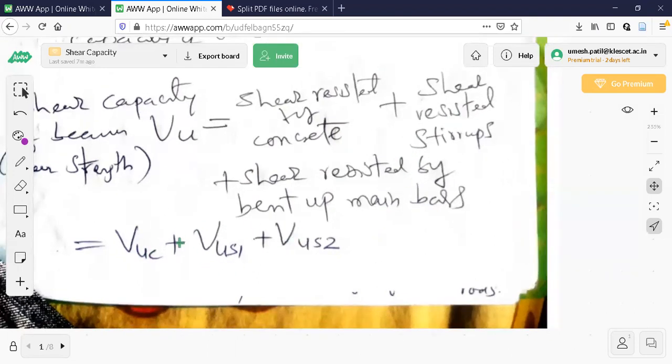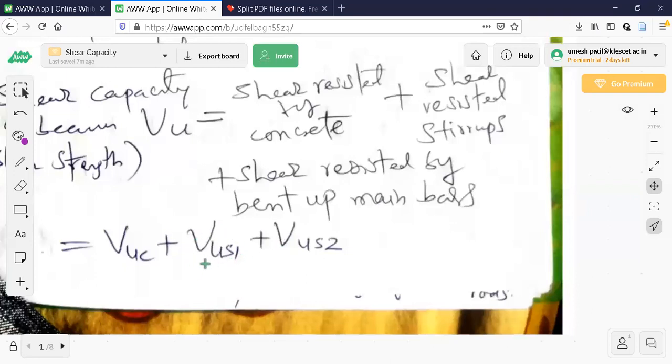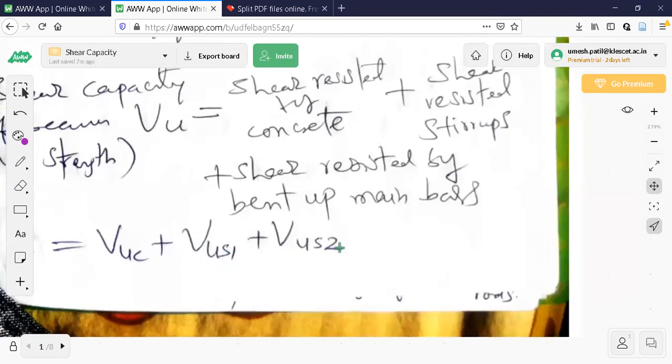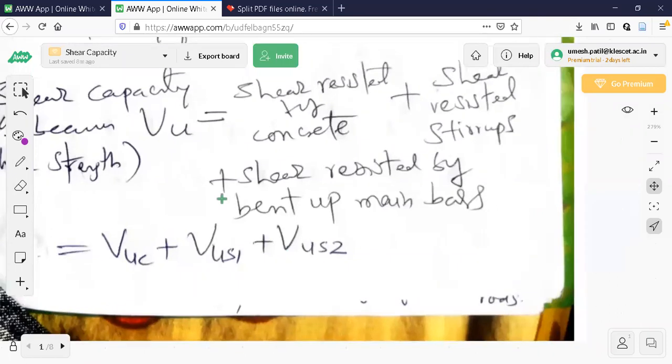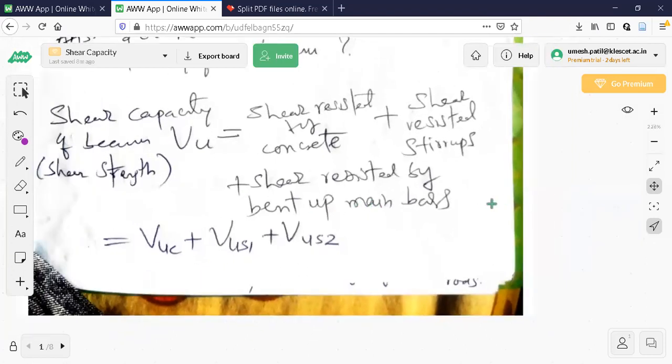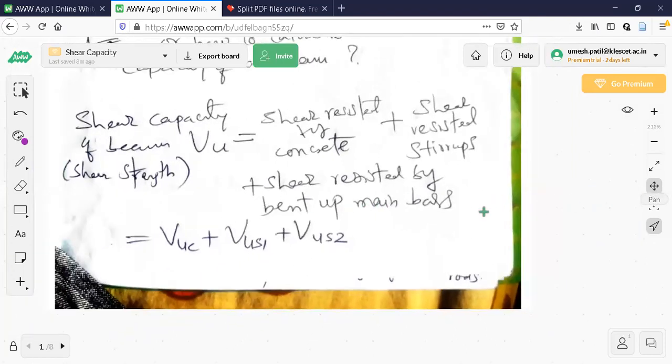Shear resisted by stirrups is VUS1, S for steel, U for ultimate, C for concrete, S1 for stirrups, S2 for bent up main bars. So we calculate these three values separately, add them, then compare with the maximum shear force. This VU should be more than the shear force. Then I can say the beam is safe against shear force or shear stress.